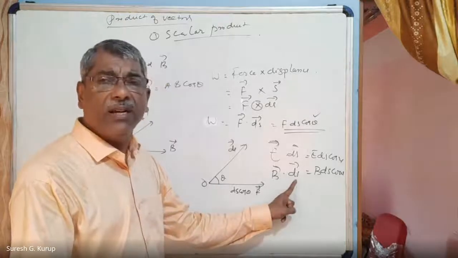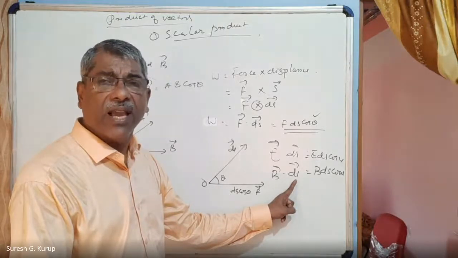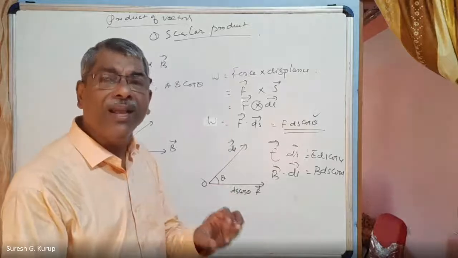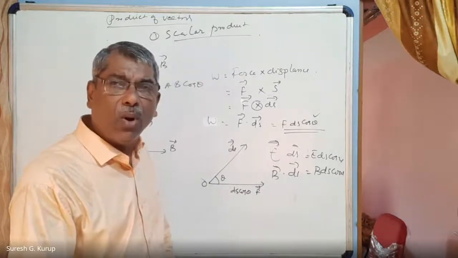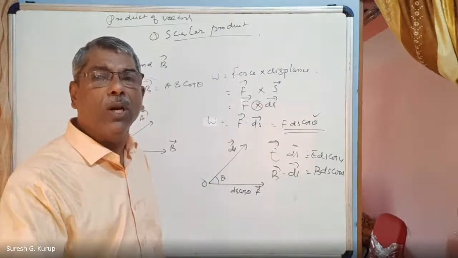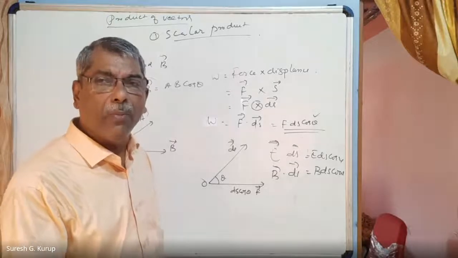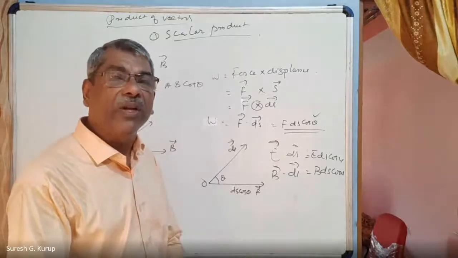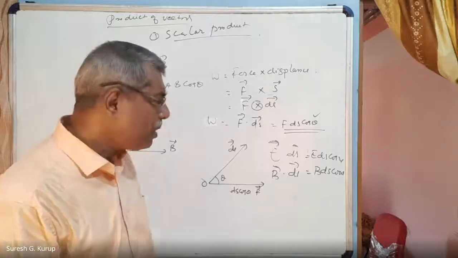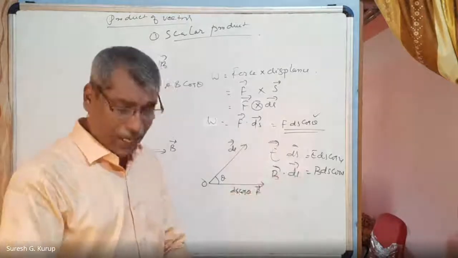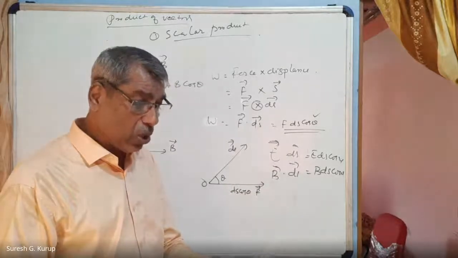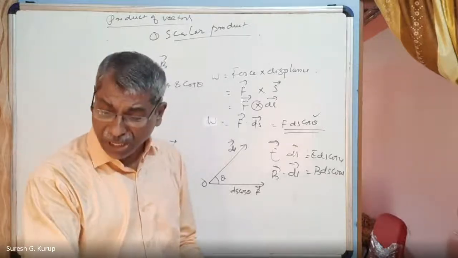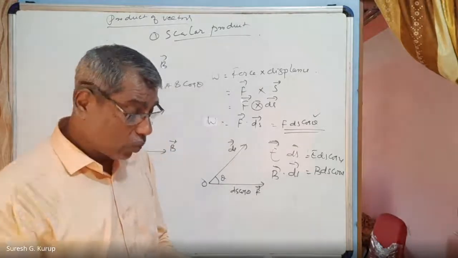In physics, ds actually represents a small area, having a perpendicular placed on that area. That perpendicular is a vector, called a surface vector. We will study that only next year. So this is the meaning of dot product of two vectors.